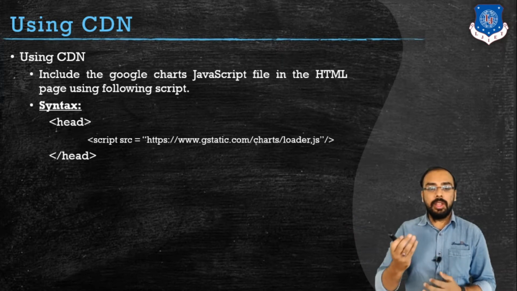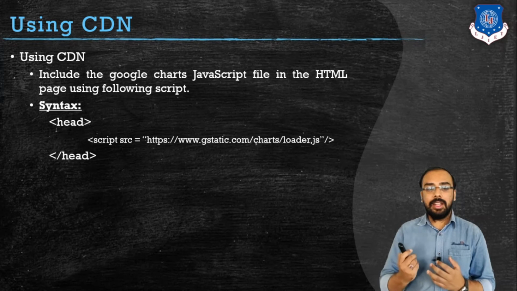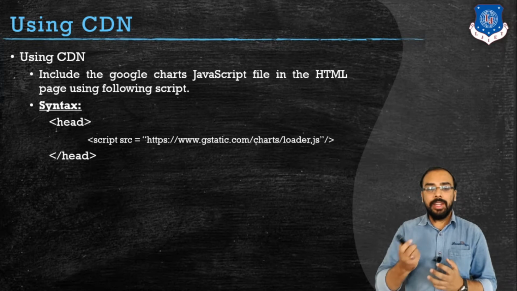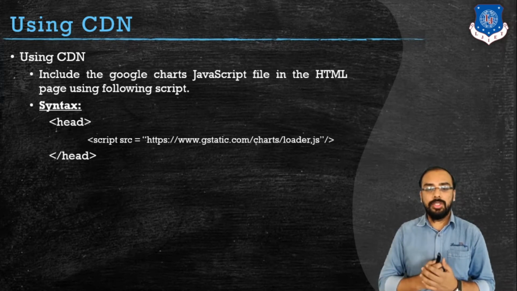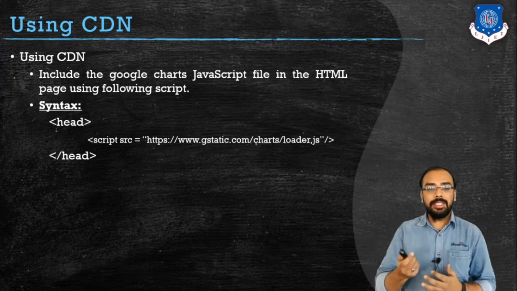Inside this we will use a head tag, and inside the head tag again we use an element named script, and inside this we use src as an attribute which stands for source, and we completely specify the path of our CDN, that is https://www.gstatic.com/charts/loader.js. We need to include this particular file inside our HTML file whenever we want to work with CDN.